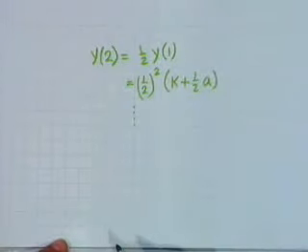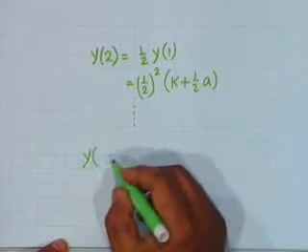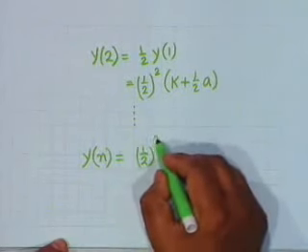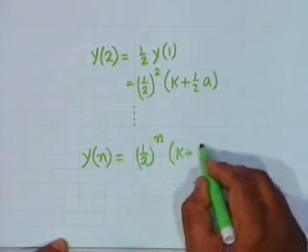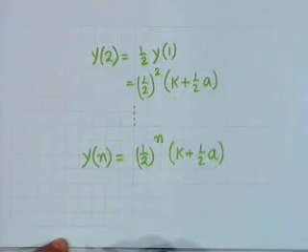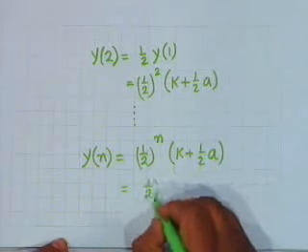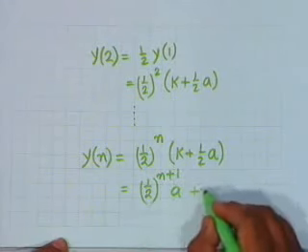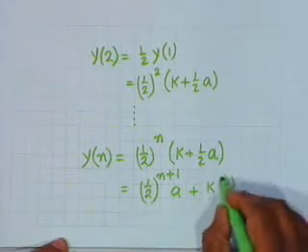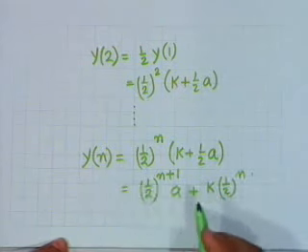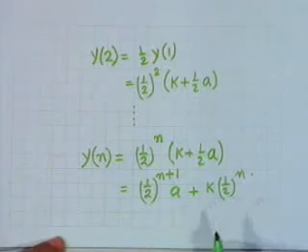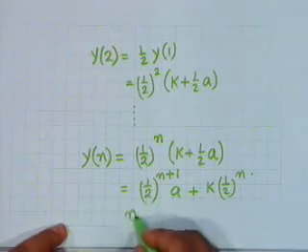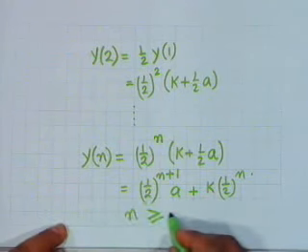And in general, if we continue this recursion, we get y of n as equal to half to the power n times k plus half a, which I can write as half to the power n plus 1 times a plus k times half to the power n. And what did we compute here? We computed for n equal to 0, 1, 2 and so on, in other words, for n greater than or equal to 0.